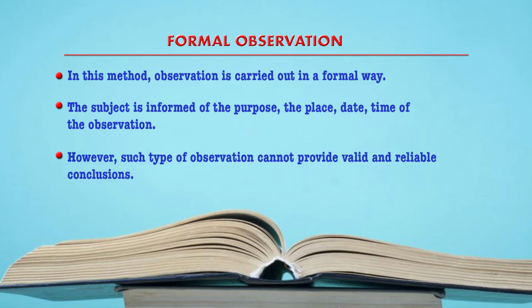However, such a type of observation cannot provide a valid and reliable conclusion. Why? Let me give you an example. For example, prior to the observation, if a school is informed that on such and such date we are going to inspect you, we are going to observe, what have we done?